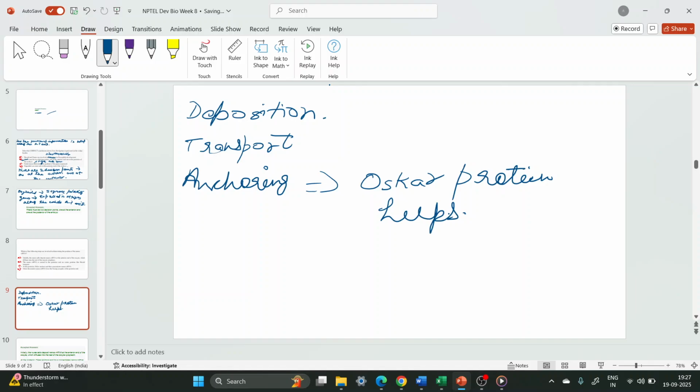Smaug binds nanos mRNA and represses its translation elsewhere. Only at the posterior do Oskar and other factors relieve this repression. So nanos is translated only at the posterior. This is regulation.